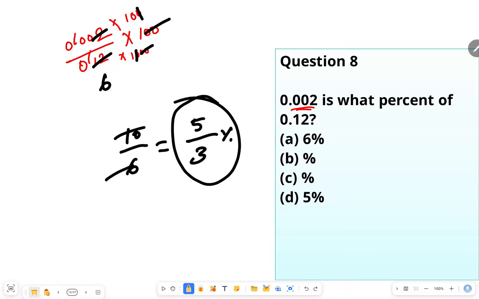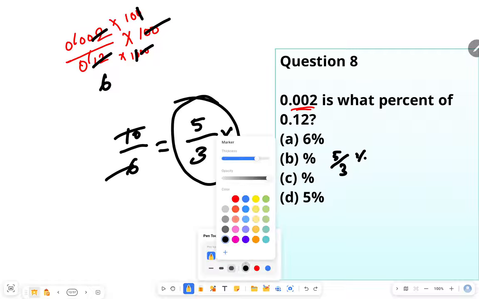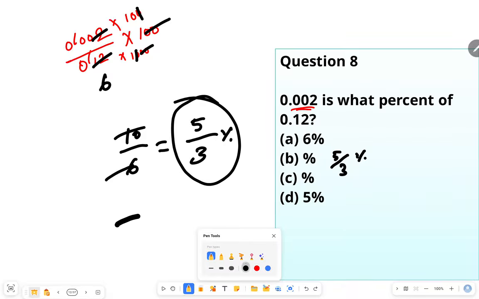In the options, option B, I forgot to, wait, let me reduce the thickness.